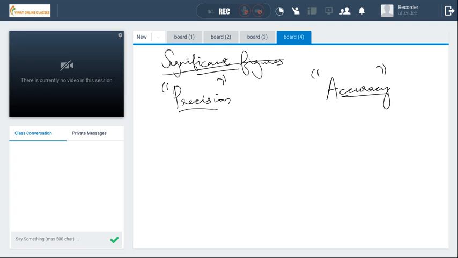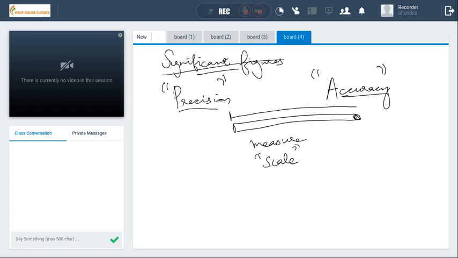Suppose your teacher gives you a rope, or she gives you a rope, and she tells you to measure this rope using your own scale. Okay, so teacher has a scale. According to her, it measures 10 centimeter.